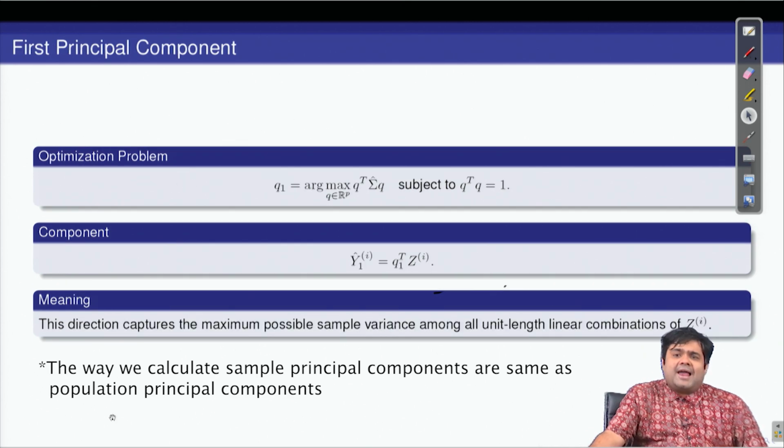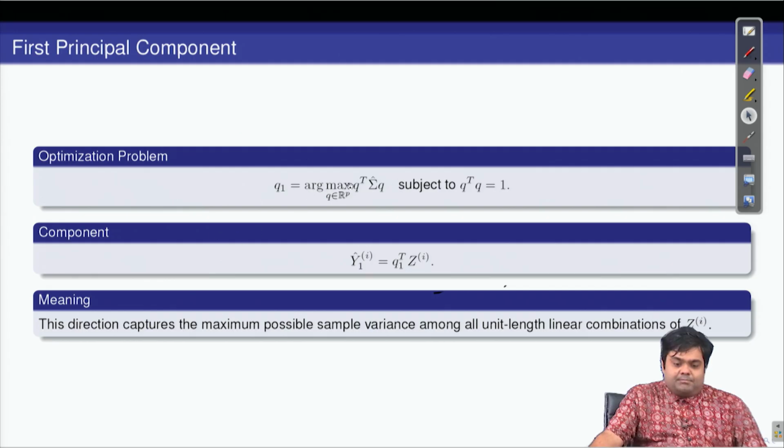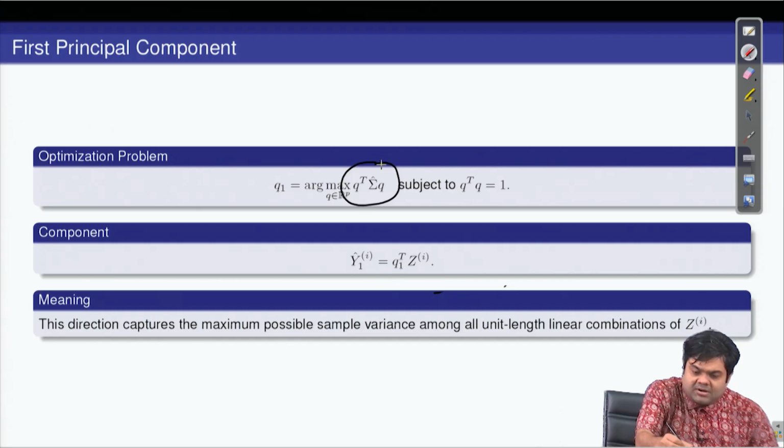So, the way we calculate the sample variance covariance matrices is exactly the same as for population variance covariance matrices. The first one is just the maximum amongst these values, which we have seen is nothing but the variance of q transpose z.